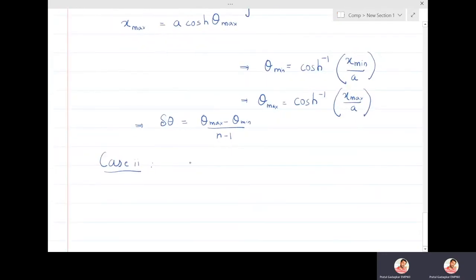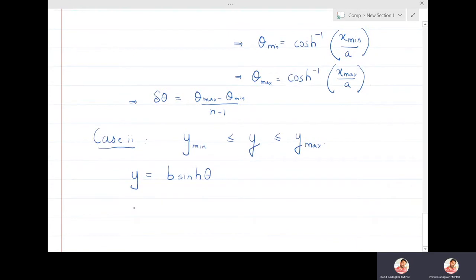Suppose you are given y min is less than or equal to y is less than or equal to y max. Then we all know what y is given by. y is equal to b sinh theta. In that case, y min will become b sinh theta min, and y max will become b sinh theta max.